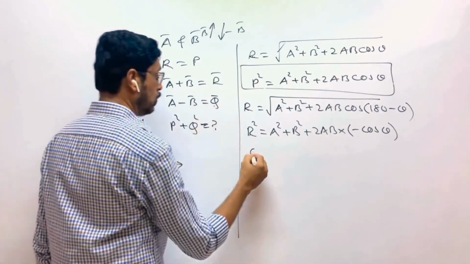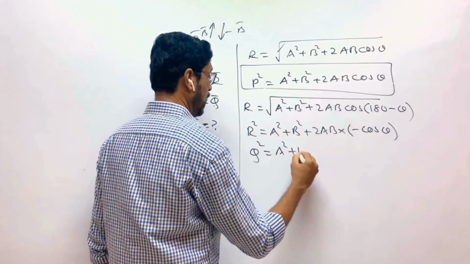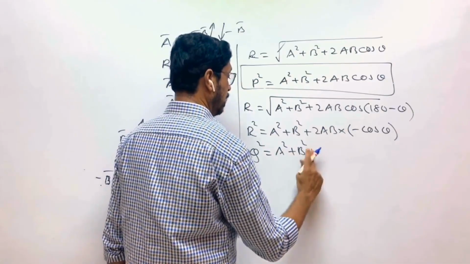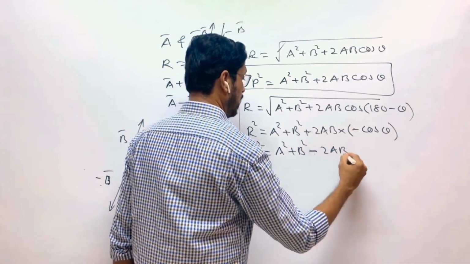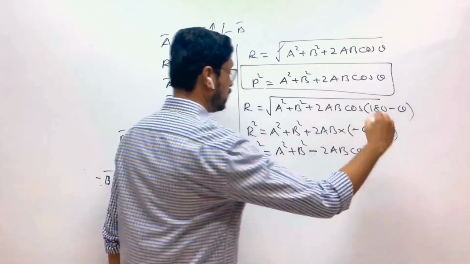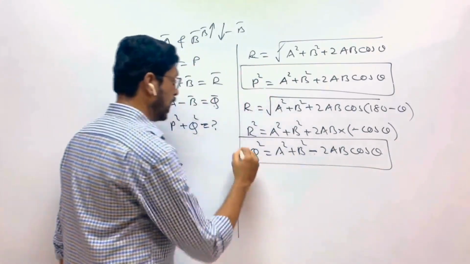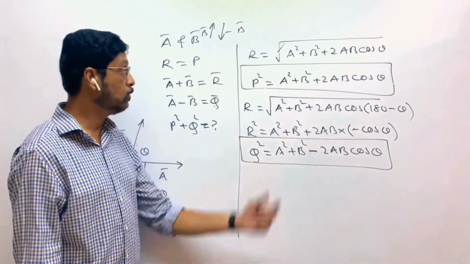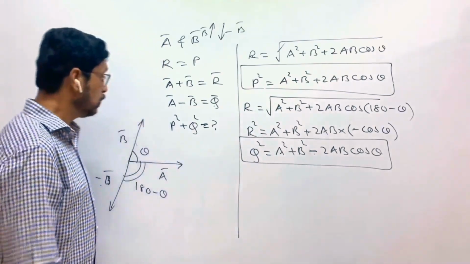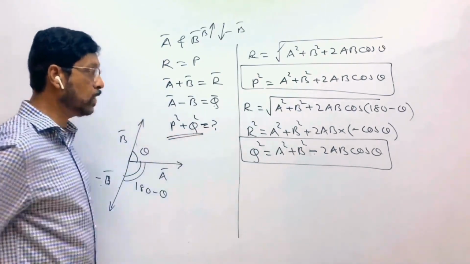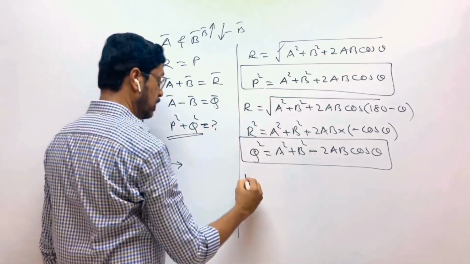Q. So Q square is equal to A square plus B square, plus minus will become minus 2AB cos theta. So this is the value of Q square. You got the value of P square, you got the value of Q square. You have to find P square plus Q square.